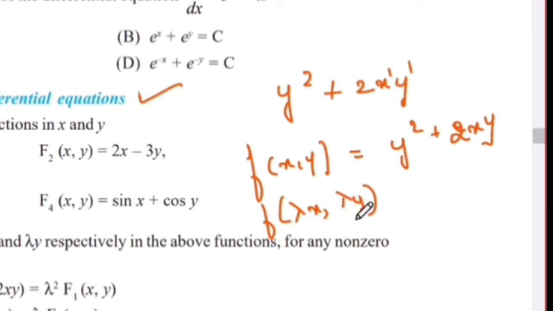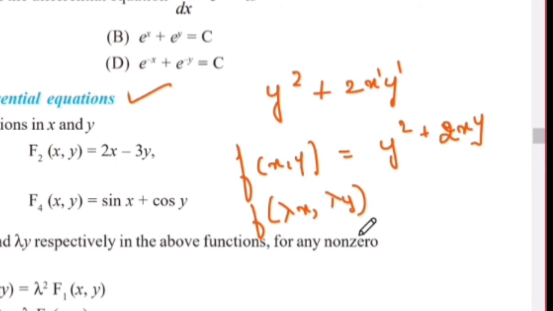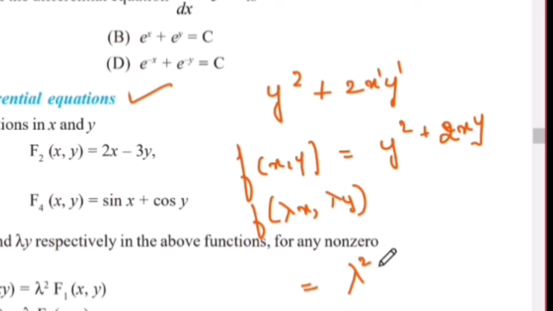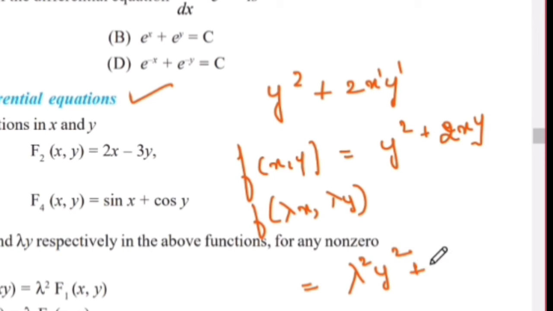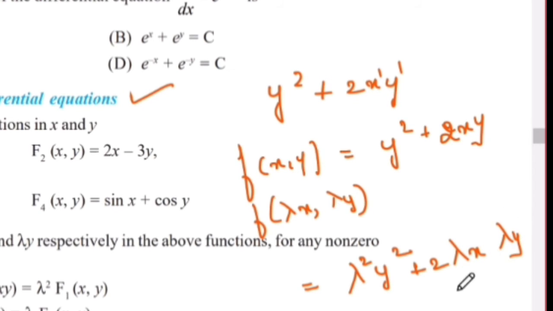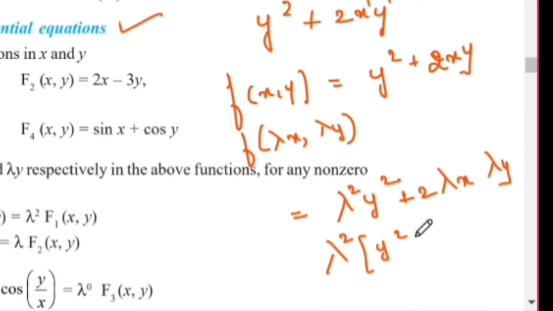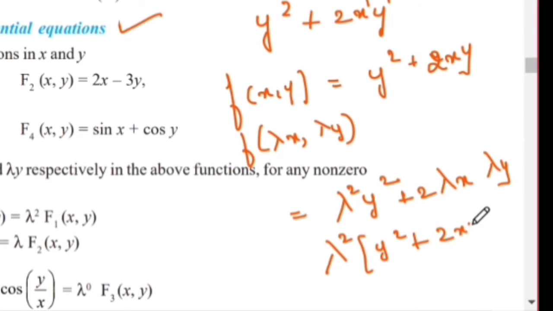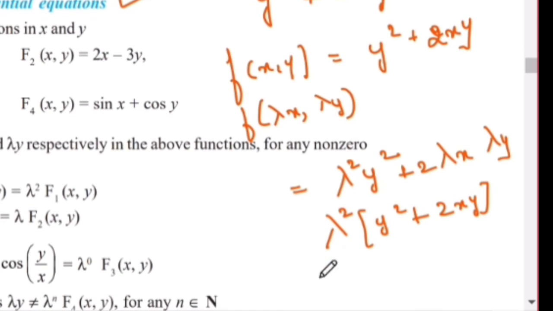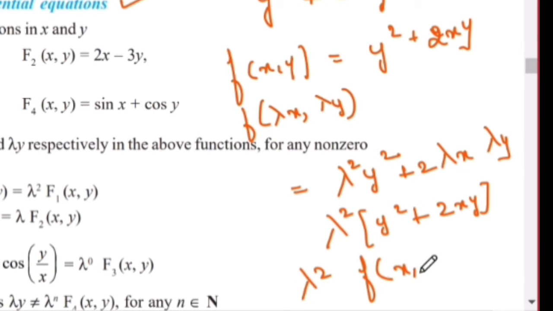Replace x and y by lambda x, lambda y. So this will become lambda square y square plus 2 lambda x, lambda y. So we get lambda square into y square plus 2xy. So that means this is lambda square into f of x, y itself.